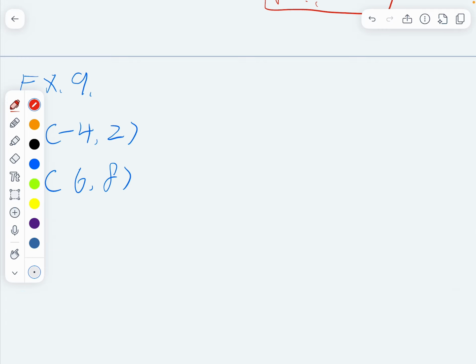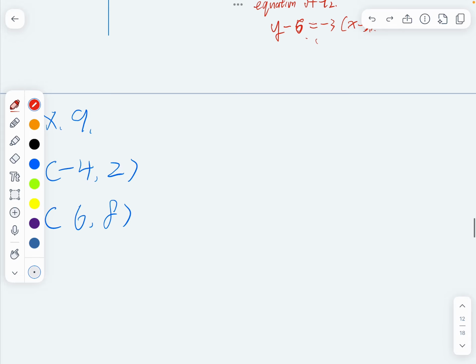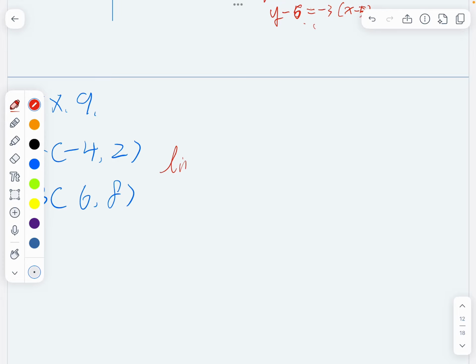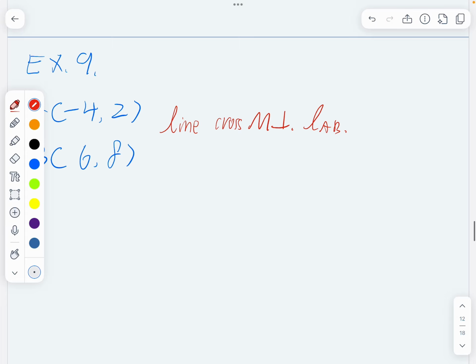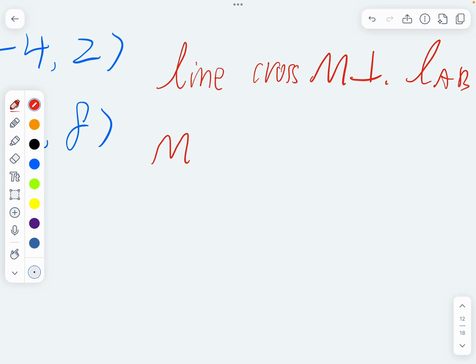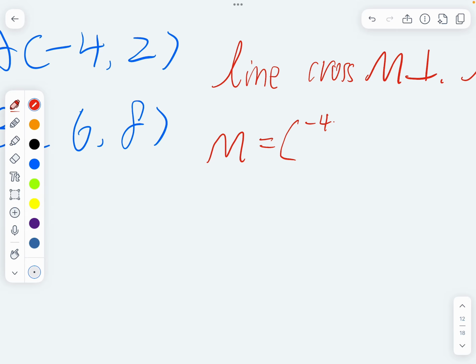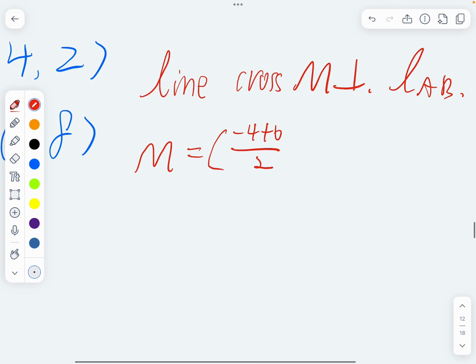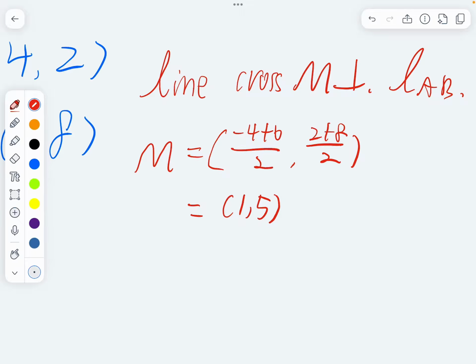Here is another example. For these two points, we need to find the line that crosses M perpendicular to line AB. First, the same step: calculate the midpoint M, which is (4 plus 6) over 2 and (2 plus 8) over 2, equal to (5, 5).